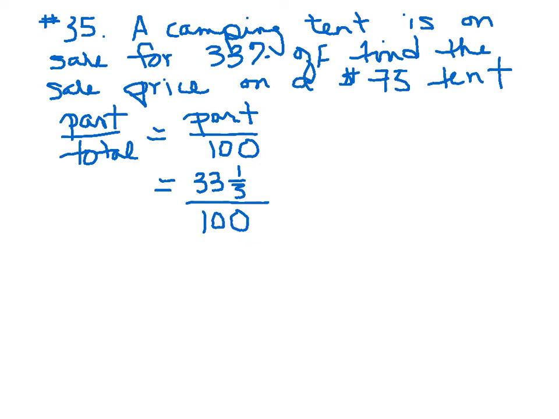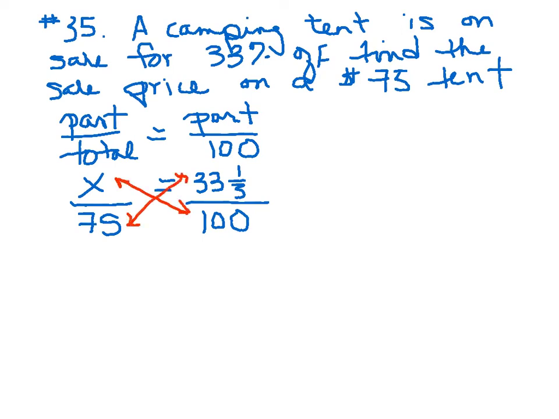And then I'm looking for the sale price, so I know the sale price is going to be less than the total regular price. So the 75 goes in the denominator, and I'm looking for x. Once again, single fraction, cross multiply.